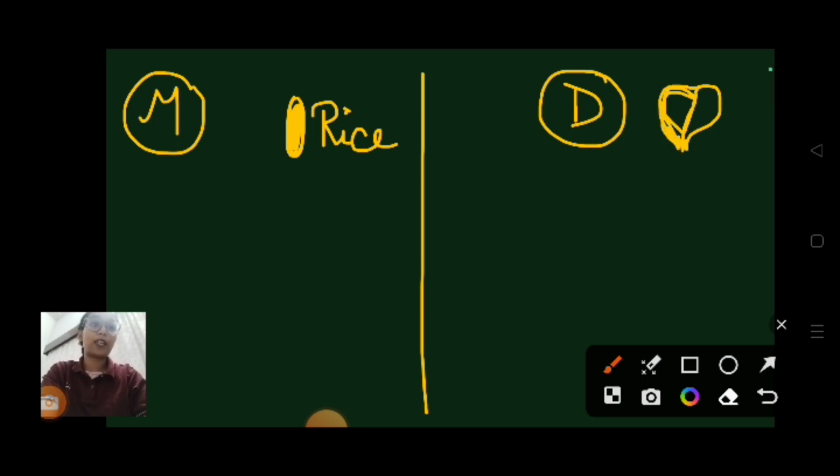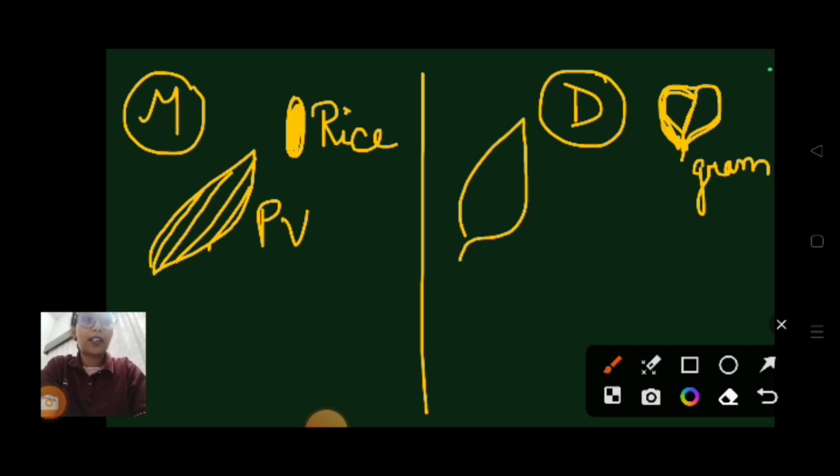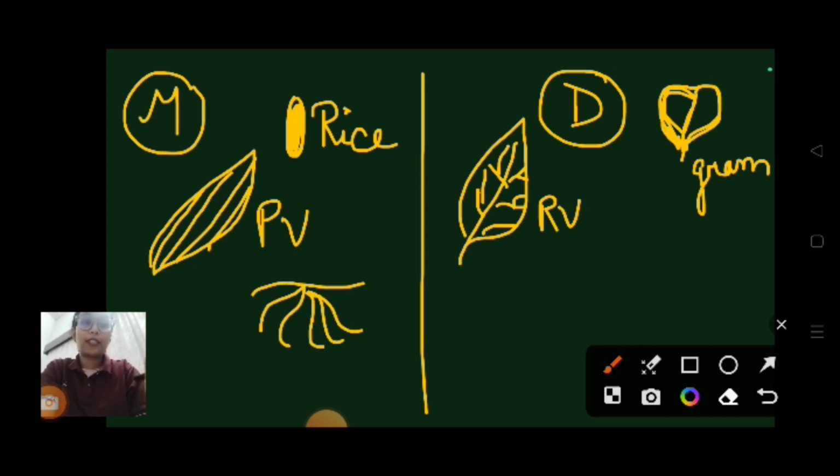This is not heart shape. This is a gram seed which I am trying to draw, which has two cotyledons. Here the leaves have parallel venation. But here the leaves have reticulate venation. Here they have a fibrous root system, and here they have a taproot system.